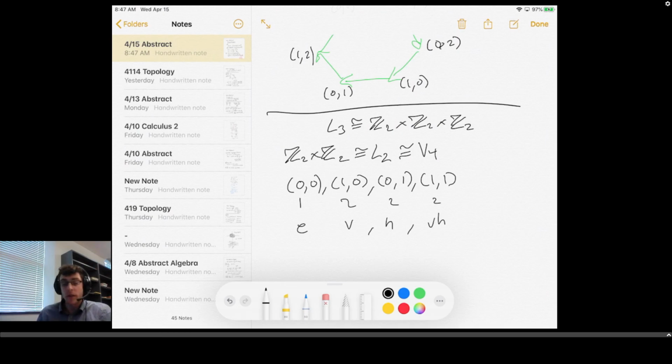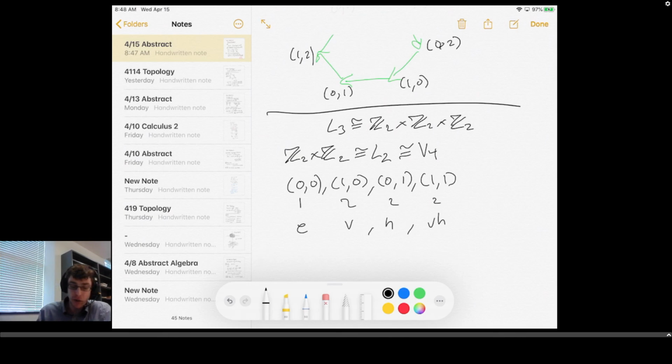And so this is the way to see that isomorphism. You could just check that this gives you a nice matching. This plus this is like V times H, and you get 1, 1, you get VH. So it's basically an isomorphism by inspection there.